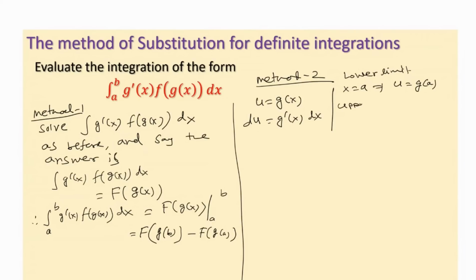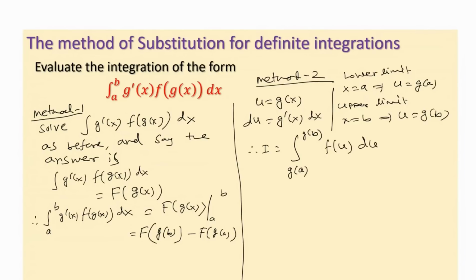Upper limit: x is equal to b implies u is equal to g of b. So our new integration is I is equal to the integral from g of a to g of b of f of u du.